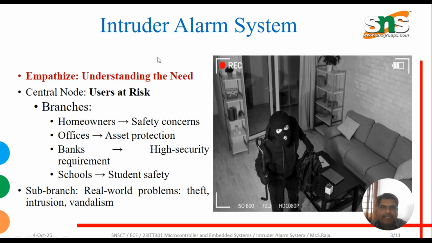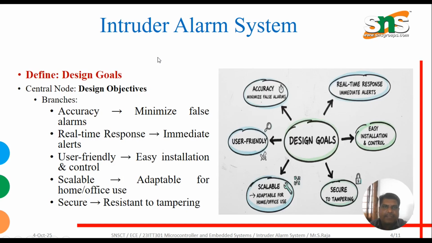Next, once you understand the need, we have to fix our goals. This is given by the define phase. Define means it provides our exact goal for that problem. We need to improve accuracy by minimizing false alarms, and it must be user friendly, usable by uneducated as well as educated people.